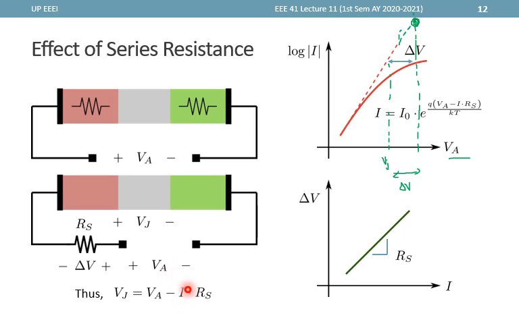Meaning, as the current increases, it will actually be harder for the current to increase, since a larger portion of the new added voltage is simply dropped across the resistor. And that leads to this sloping down of the current curve.